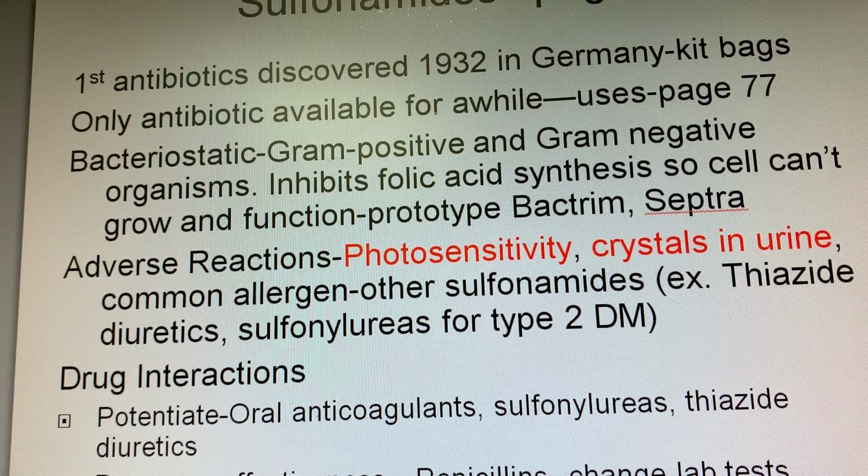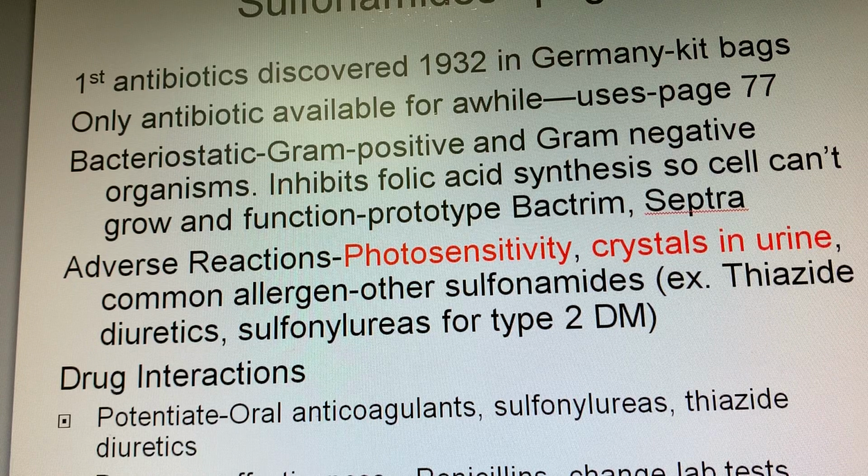Sulfonamides were first discovered in 1932 in Germany. They also were accidentally discovered because of a fungus that accidentally was exposed to pathogens and was shown to kill them.